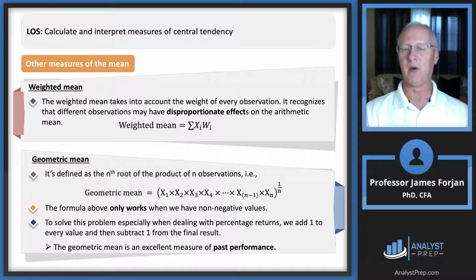That gives me 0.5. If I say 2 times 0.5, that gives me 1. If I raise that to the 1/2, that gets me 1. Then when I subtract out 1, that gets me 0%. So you wave that book in my face and say, wait a minute, Jim, the geometric return was 0%. You're going to say, dude, I'm not giving you a bonus. You're fired.